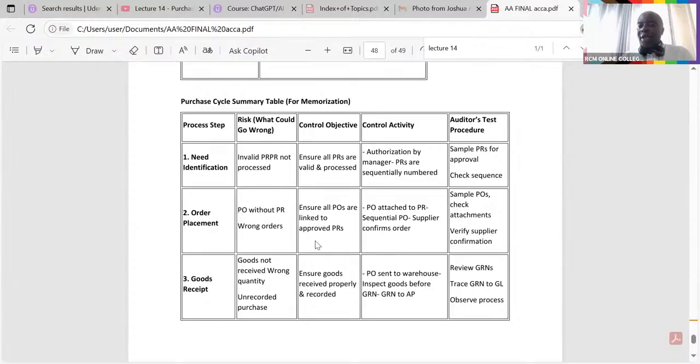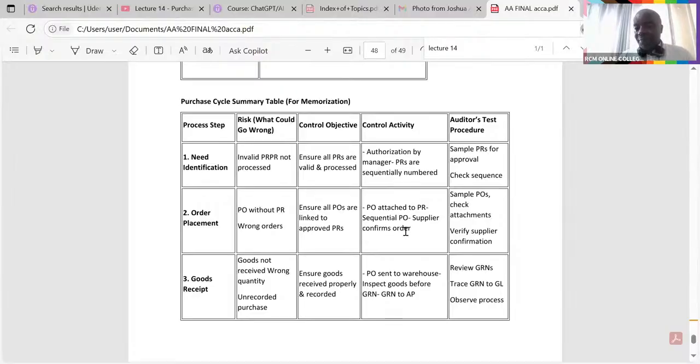And of course, these purchase orders should also have approval signatures. Control activity in this case here is to ensure that purchase orders are attached to purchase requisitions, sequential numbering of purchase orders, and then we have here the supplier confirms the order. Yeah, that's a control activity.